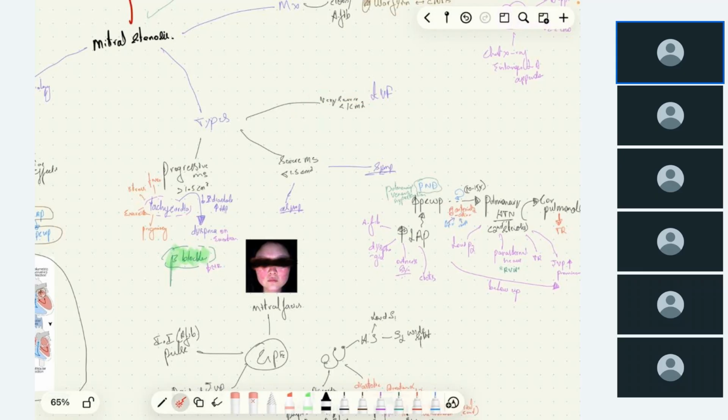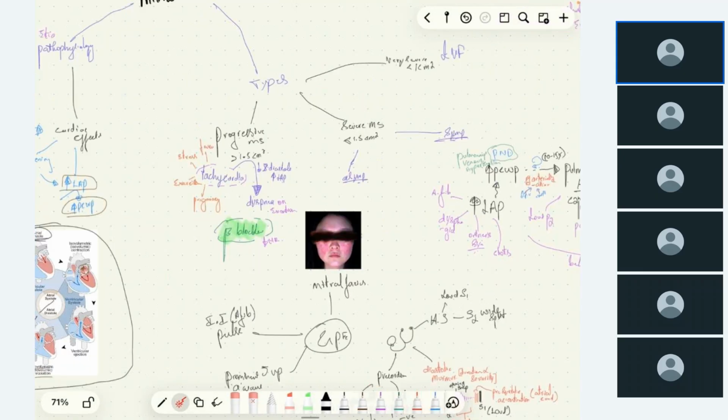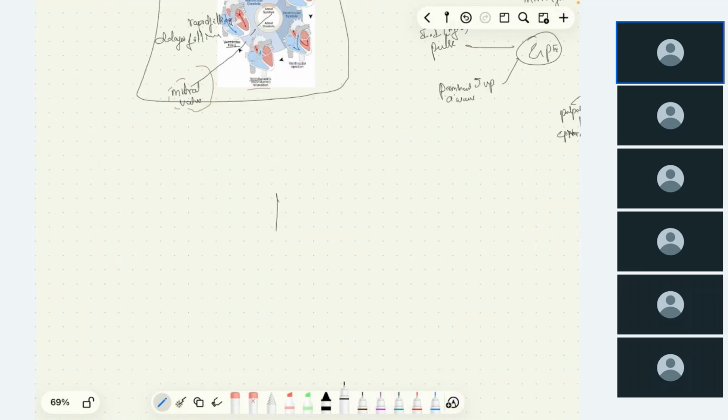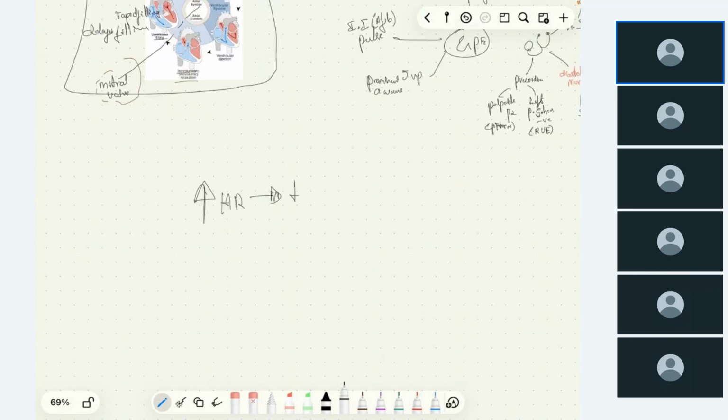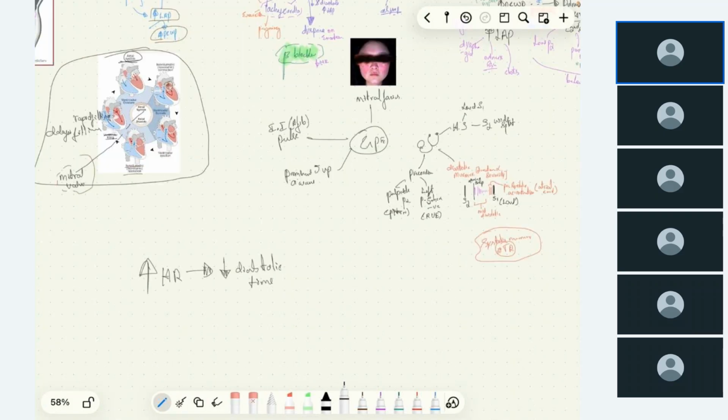What are the clinical manifestations of progressive MS? Progressive MS becomes symptomatic on exertion, like exercise, stress, or during fever or pregnancy. Due to fever, stress, exercise, and pregnancy, there will be tachycardia, meaning increased heart rate. What happens when heart rate increases, guys? When heart rate increases, diastolic time is reduced, so there will be reduced filling of the left ventricle.